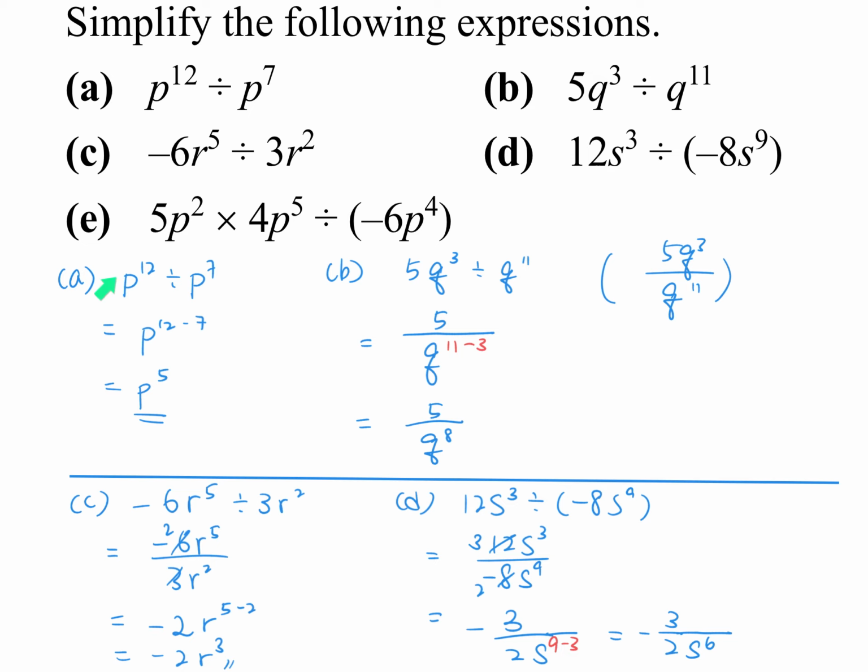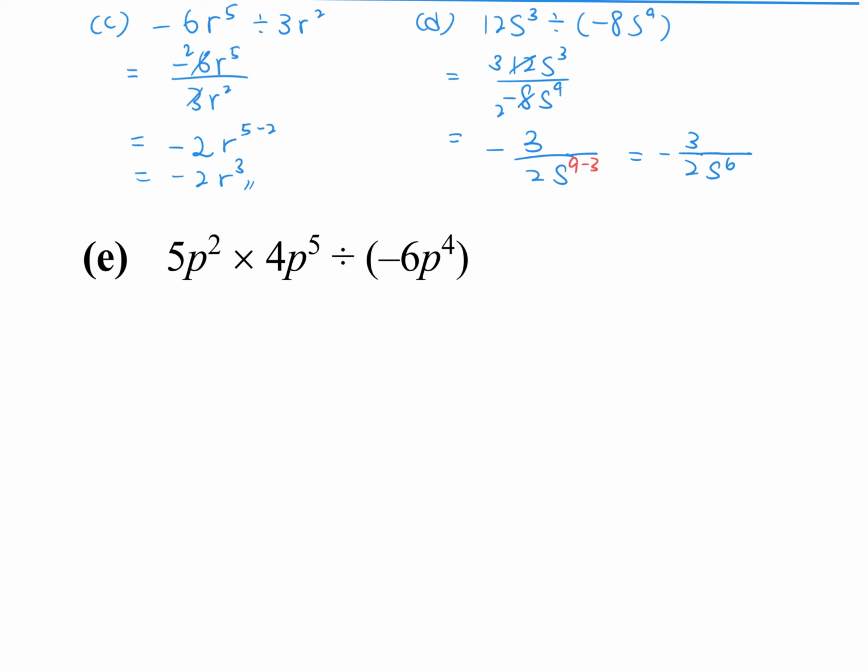Now let's go to part E. There are 3 numbers. First of all, we can treat these 3 numbers like this: first we find the product, and then we find the division. For the product, 5 times 4 is 20. And then with the same base p, we have 2 plus 5.